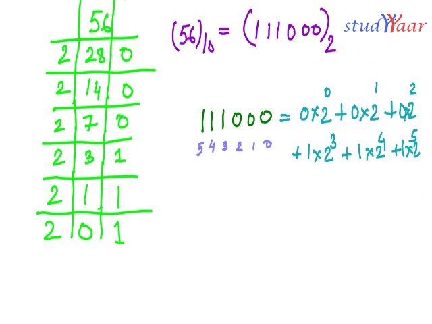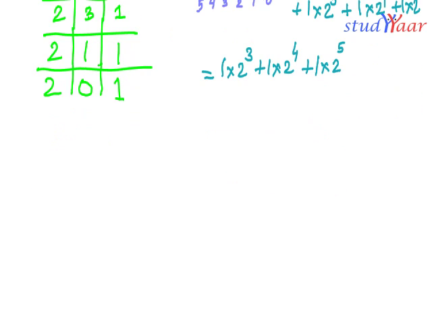So what is the final value? The final value is 1 into 2 raised to 3 plus 1 into 2 raised to 4 plus 1 into 2 raised to 5. 2 raised to 3 is 8, 2 raised to 4 is 16 and 2 raised to 5 is 32.